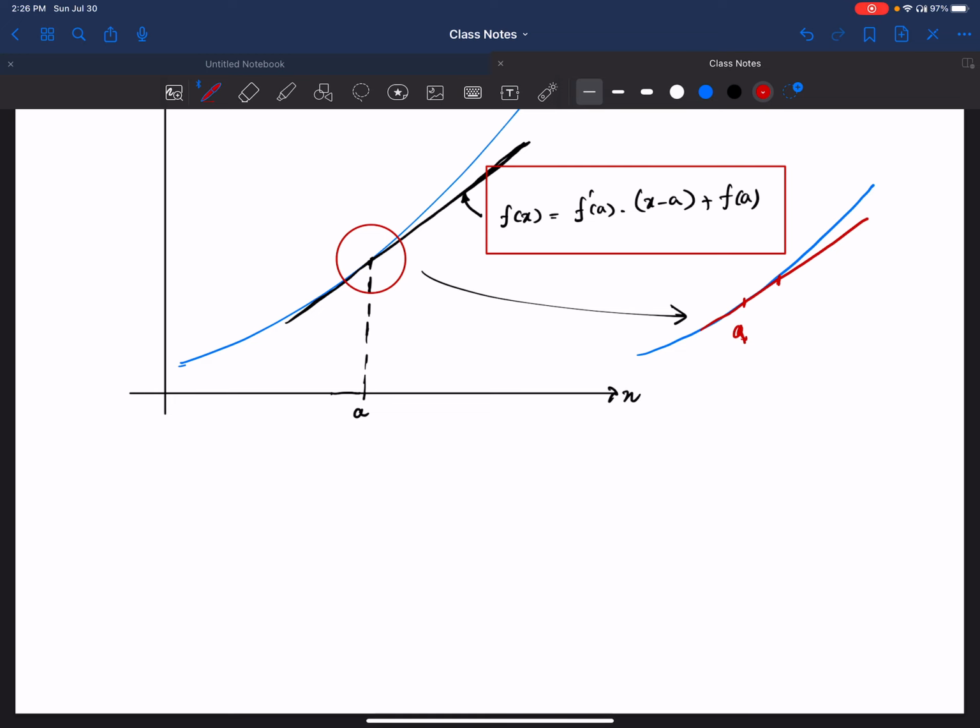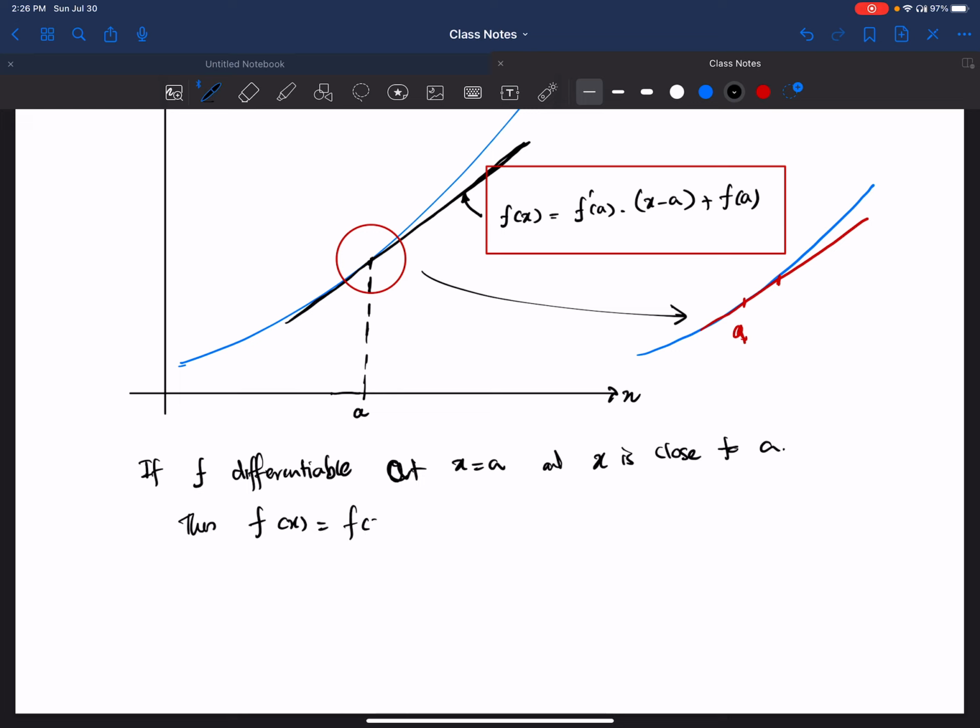So if f is differentiable at x equal a and x is close to a, then f of x is equal to f of a plus f prime of a times (x minus a).